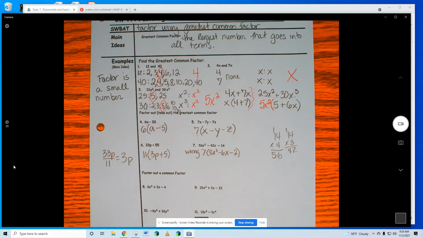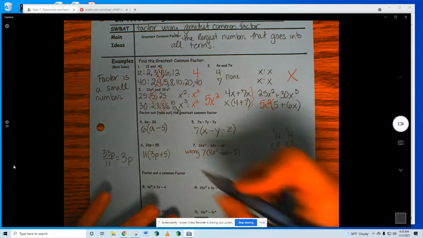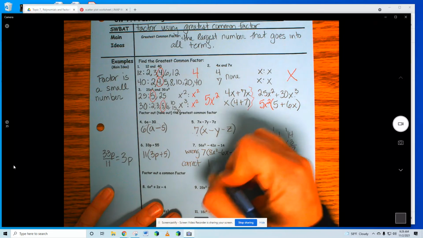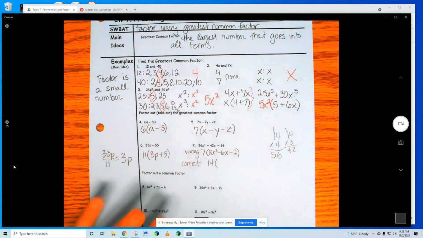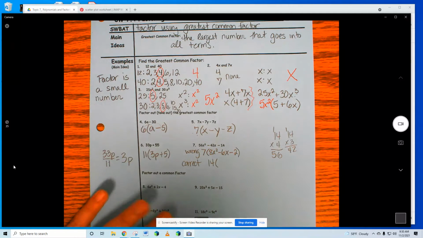So then I would know, oh, I chose the wrong number. And this is fine. Then you're like, okay, never mind. It's not 7. Then I would pick 14. So if there's still a GCF after you write your leftovers, that means you could have gone higher.